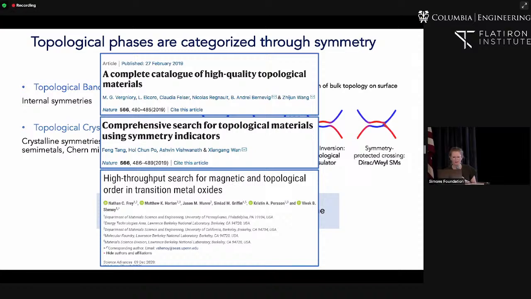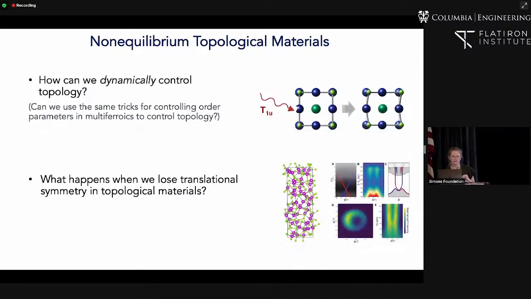We are going to think about, well, what happens when we either get rid of translational symmetry, so we don't have crystalline symmetries anymore, or if we start thinking about dynamically controlling these sorts of phases. So, shaking up the material, pump probe experiments, and can we think of ways of actually controlling this in a systematic way? Okay, so the first thing I'm going to talk about is dynamical control of this topology.